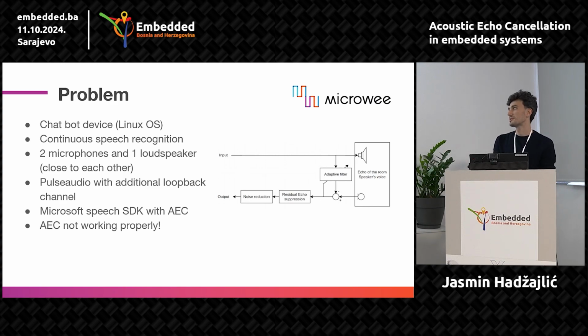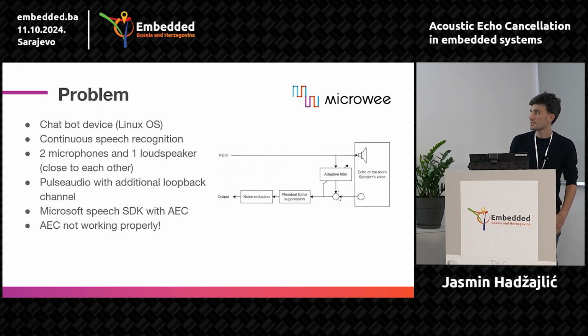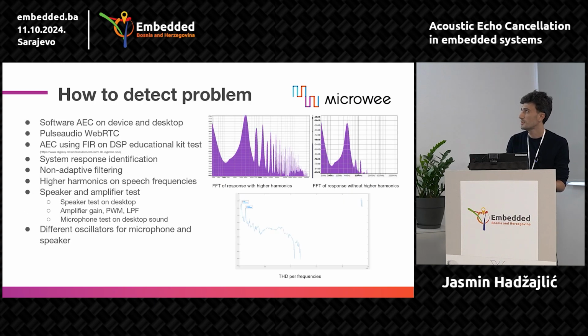Acoustic echo cancellation is not what we implemented. We were using acoustic echo cancellation from the Microsoft Speech SDK because we were already using it for text-to-speech and speech-to-text. But when we started using continuous speech recognition, we got the problem with echo, and we realized that acoustic echo cancellation was not working properly.